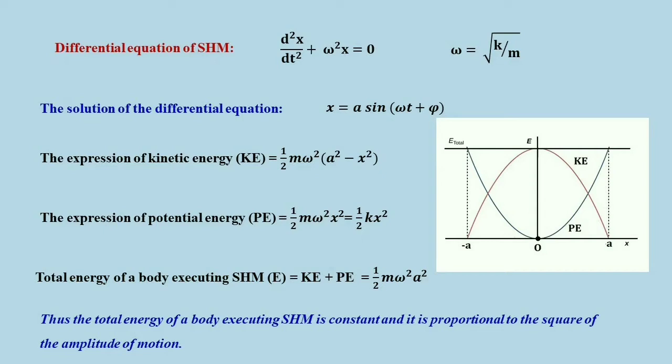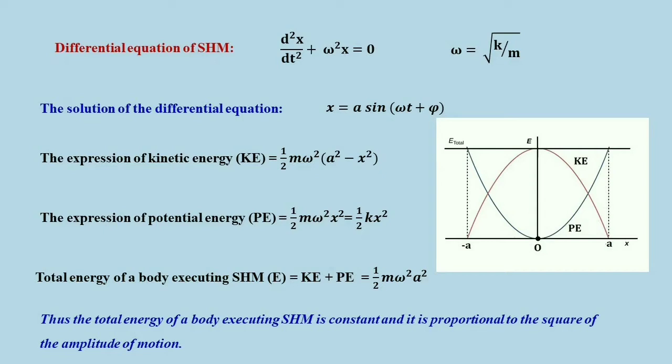If we want to find the total energy of a body executing simple harmonic motion, that is the summation of kinetic energy and potential energy, we just add these two expressions, and we obtain half m omega square a square. Here m is the mass, omega is the circular frequency, and a is the amplitude.